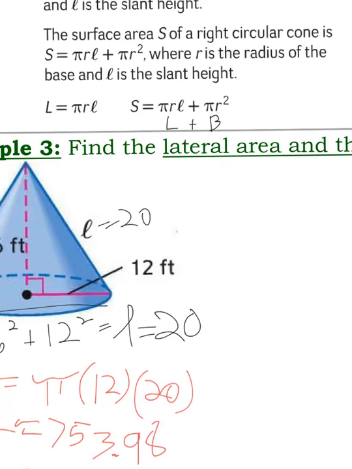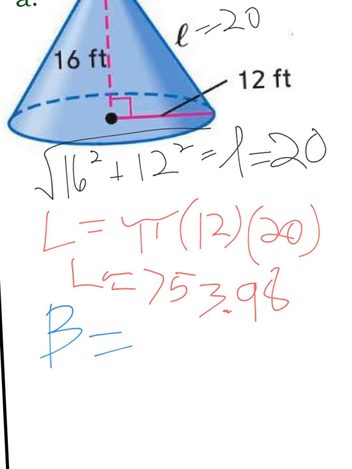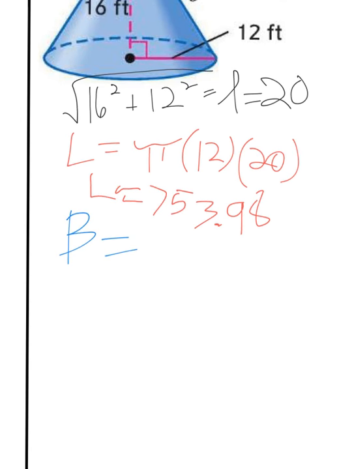So my area of my base, remember, is that pi r squared. So I'm going to go pi times 12 squared. And that's going to get me about 452.39.